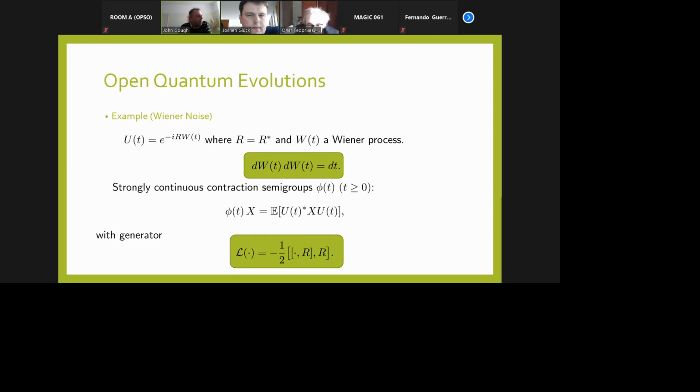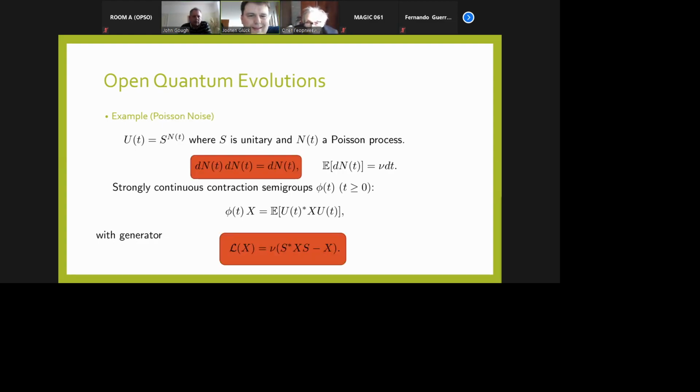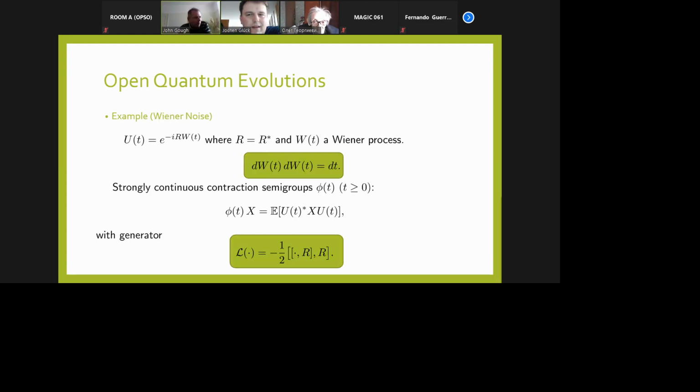Okay, a second example. Excuse me? Yeah? May I ask a brief question? You mentioned strong continuity in the space of bounded operators, but I think we don't have the strong continuity property there, right? We don't have the what?